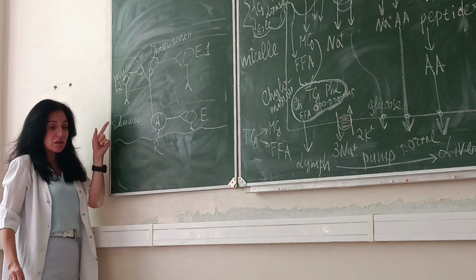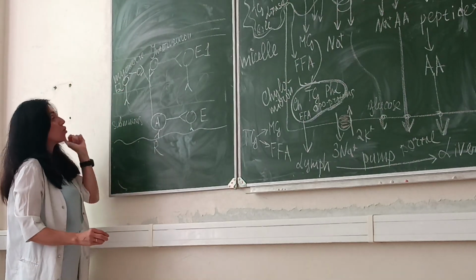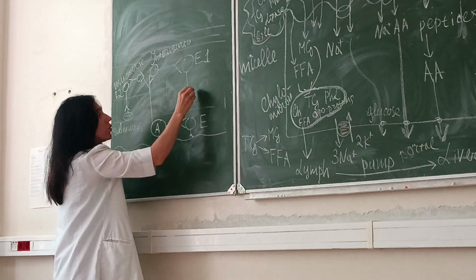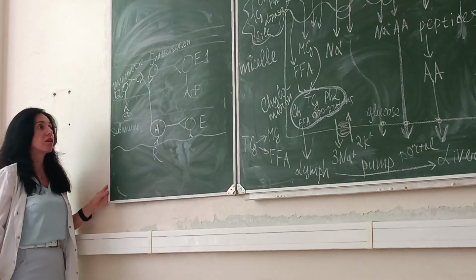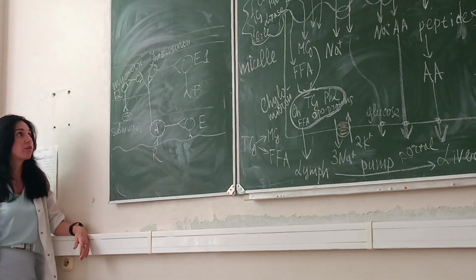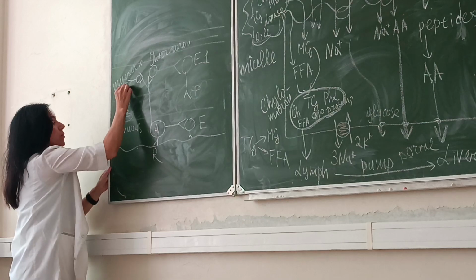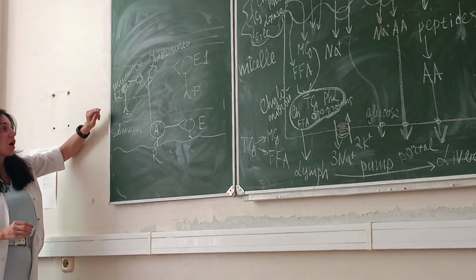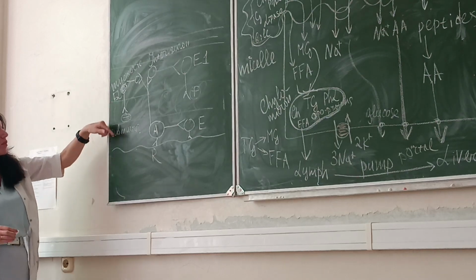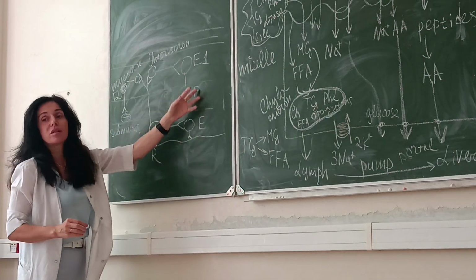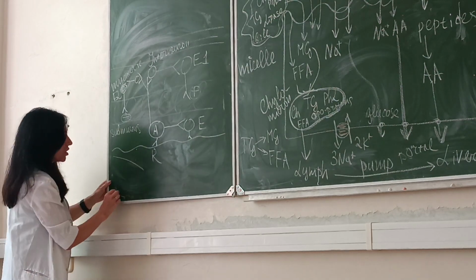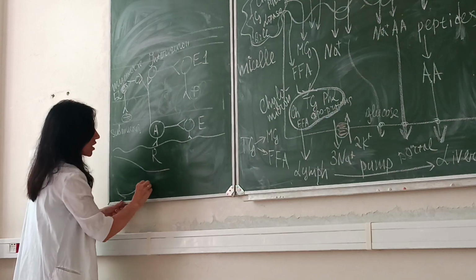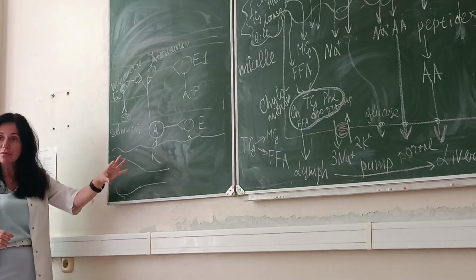For example, efferent neuron 1 is excitatory and efferent neuron 2 is inhibitory, so it inhibits circular muscle. This part is inhibited, and the next part is stimulated. So we have a large diameter before, and then contraction, like a wave.